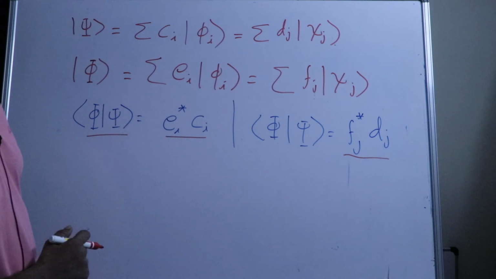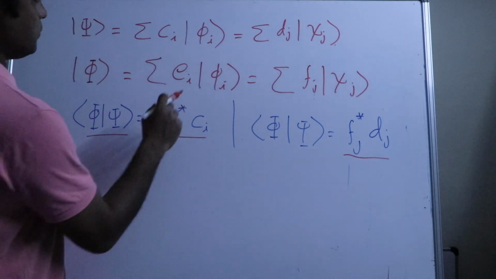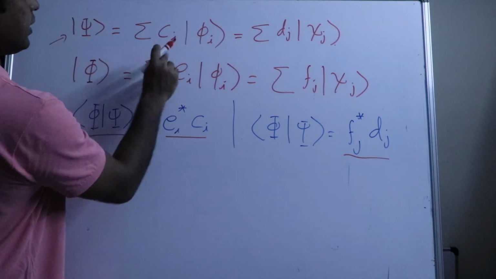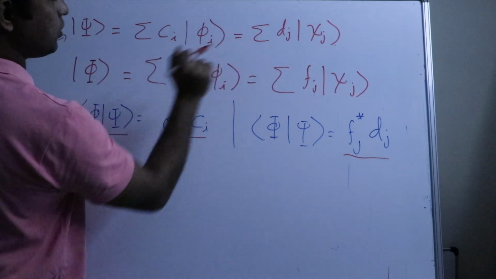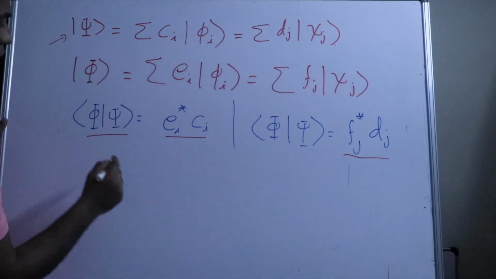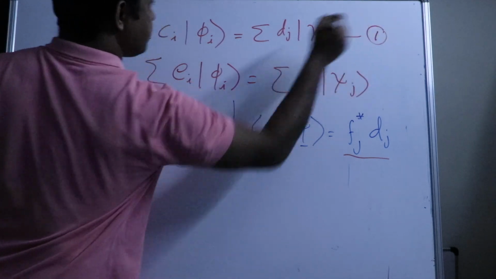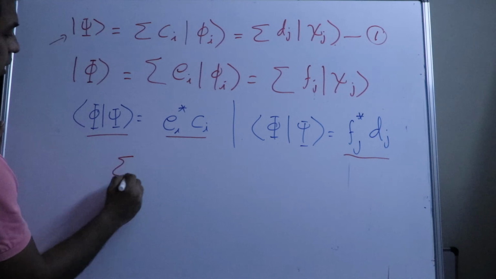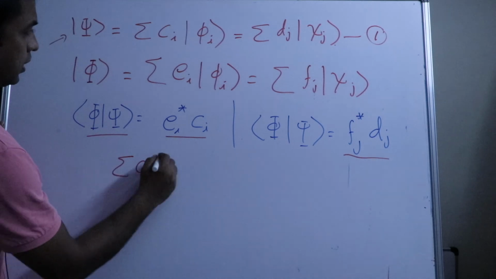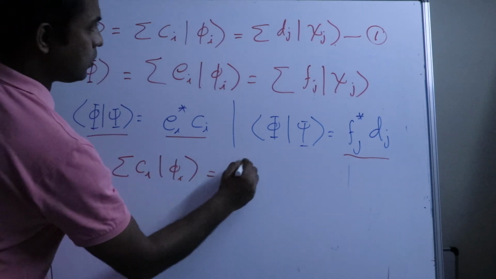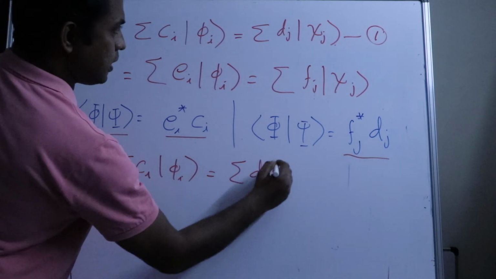So from this equation, let us write Ci in terms of Dj. From equation 1, we have summation Ci ket phi i, which is equal to summation Dj ket chi j.